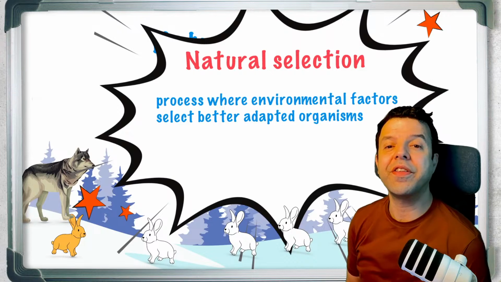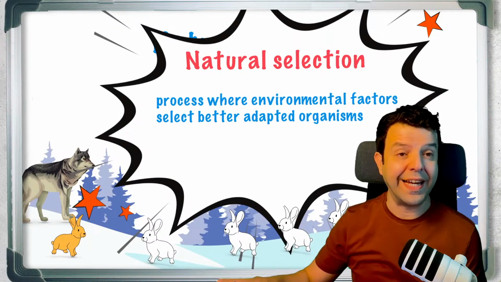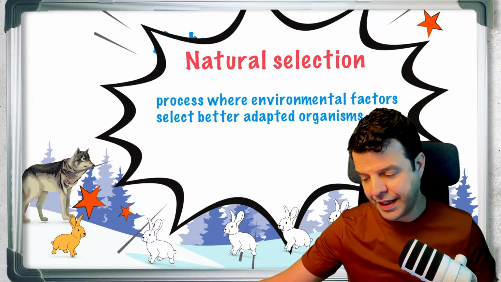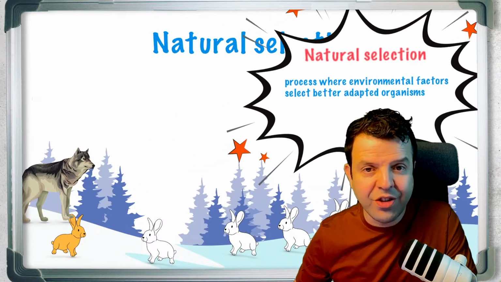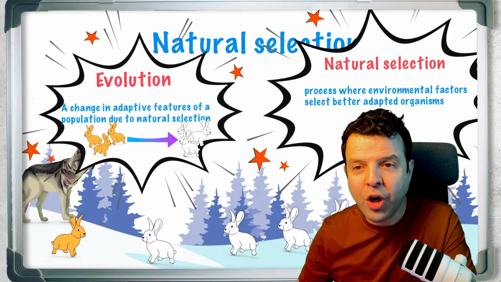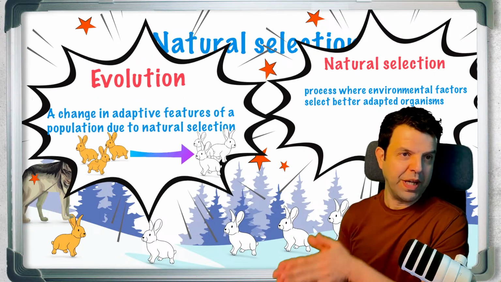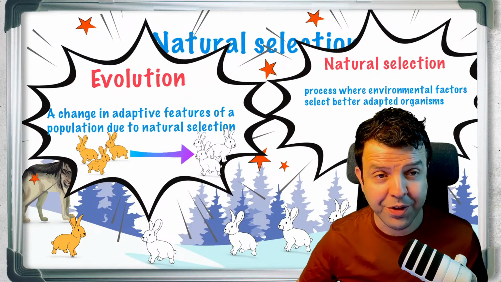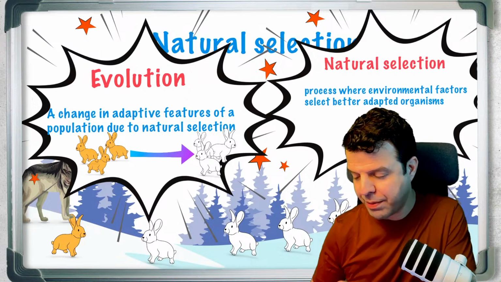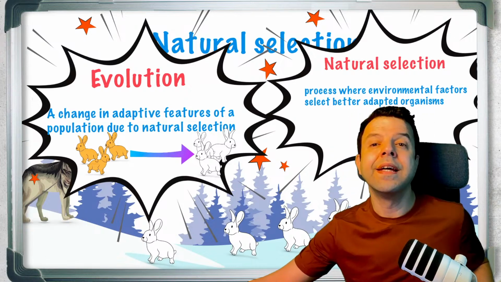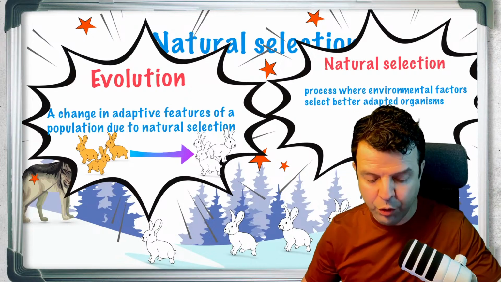This is where the environment picks and chooses those that are better adapted, and that change in the rabbit population, I mean the rabbits going from brown fur to white, being better adapted. Now the whole population of rabbits is becoming way better adapted. That's why I say this is evolution.